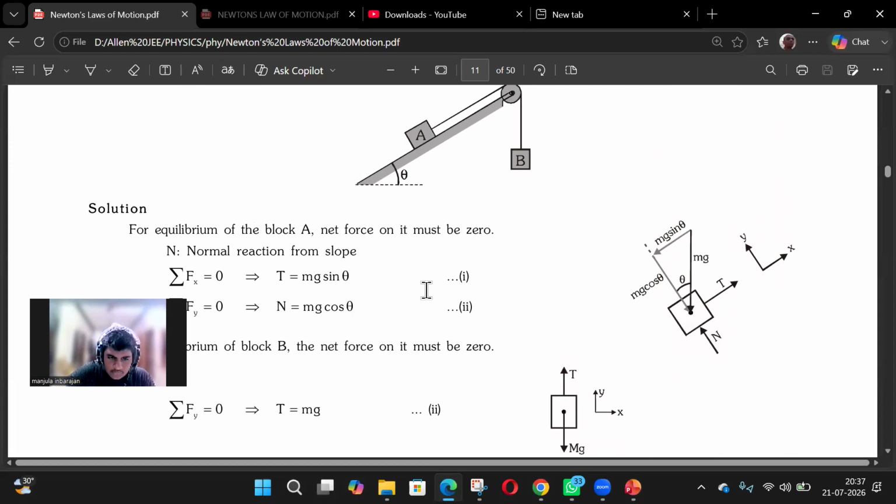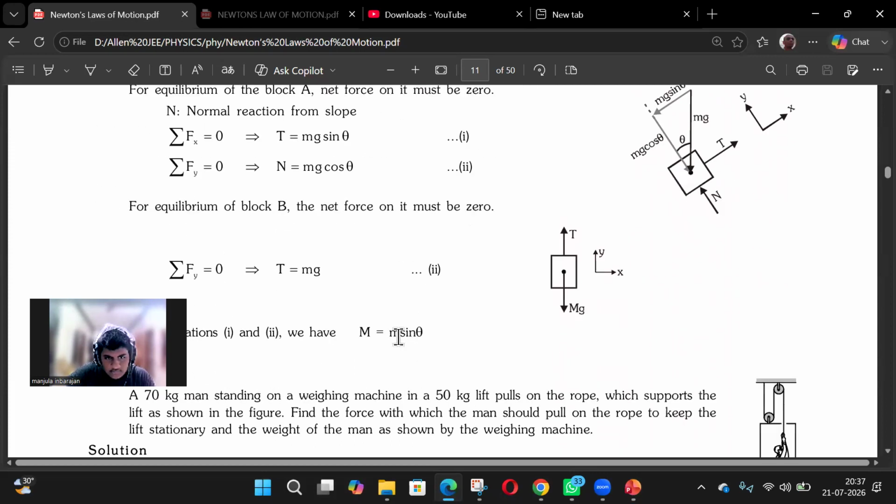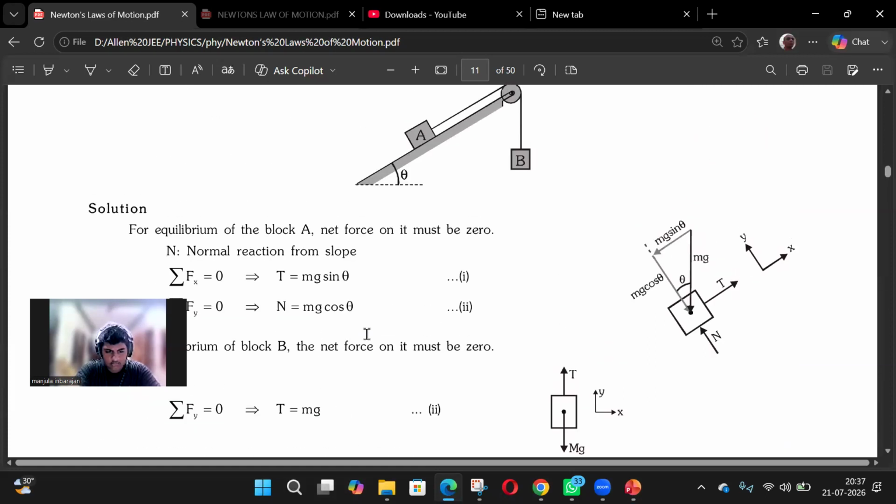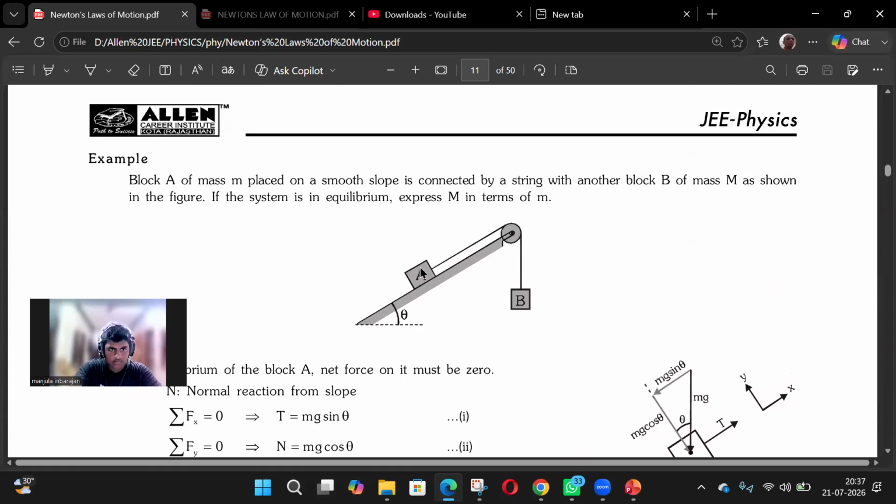Delta is a small angle, it's almost flat, so sine delta is 0. So even if M is 100 kg, the mass m should be almost 0. When it is horizontal, since it is frictionless, even a small mass B will pull it down.